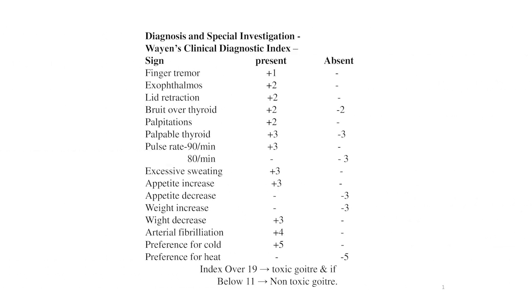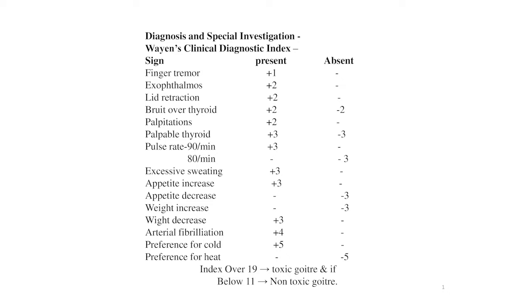Now, the diagnosis and special investigations in Graves' disease. Wayne's clinical diagnostic index lists signs as present or absent, scoring marks. Finger tremors, if present, +1; exophthalmos +2; lid retraction +2; bruit over thyroid +2, and if absent -2; palpitations +2; palpable thyroid +3; pulse rate over 90 per minute +3. If normal, no scoring, but if absent -3.